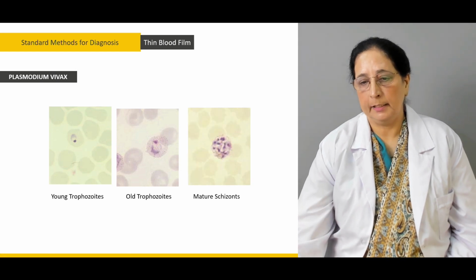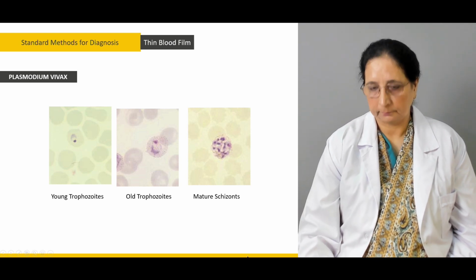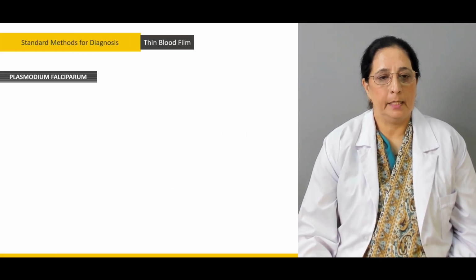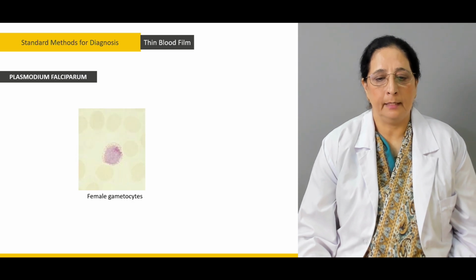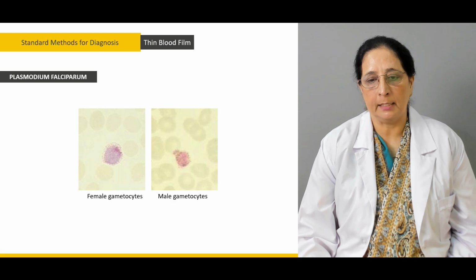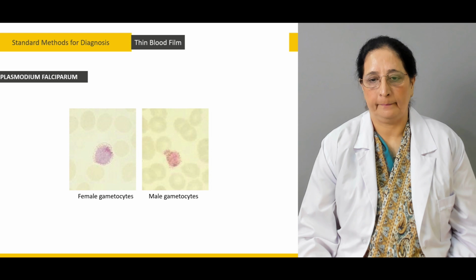Then these are the mature schizonts. Next is the plasmodium, again falciparum. We have female gametocyte and the male gametocyte.